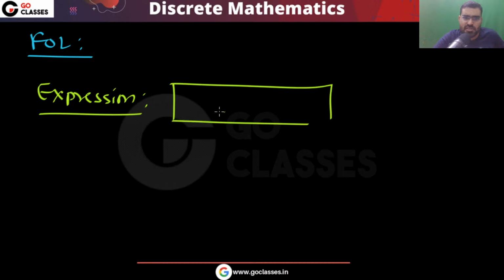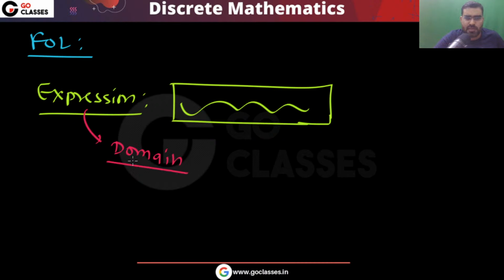Let me tell you what actually happens. In first order logic, when you write any expression, if I give you any expression, let's assume this is some expression I am giving you. Now, for this expression we have a domain. This expression has a domain.